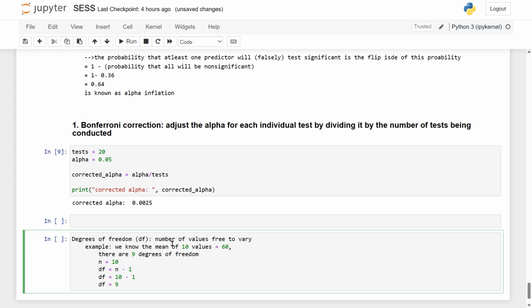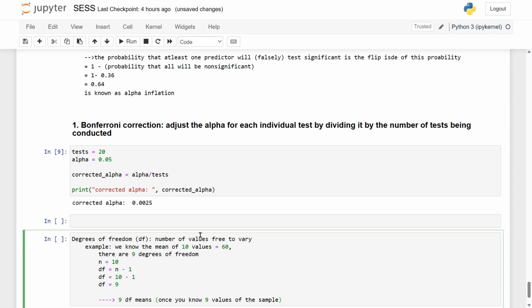So once you know 9 of the sample values, the 10th can be calculated and is not free to vary. Okay, that's the actual meaning of degrees of freedom. So 9 df means we know only 9 values of the sample. Here we know the mean of 10 values.